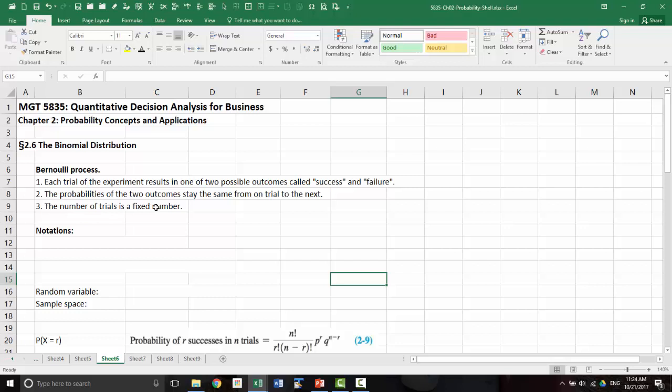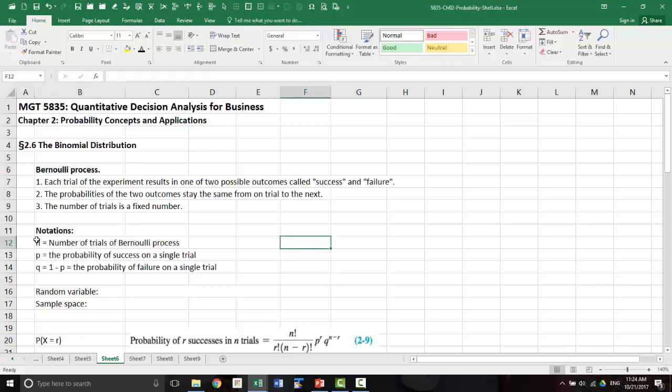Now we're going to define some notation. We'll use the notation n to stand for the fixed number of trials, and we'll use lowercase p to stand for the probability of success. Here success should be in quotation marks, because we are using a generic term.